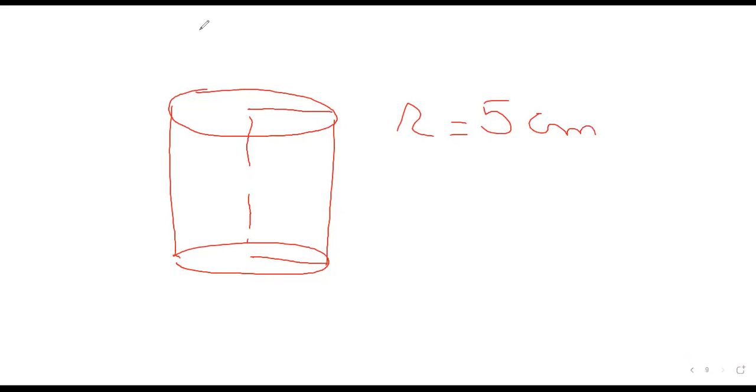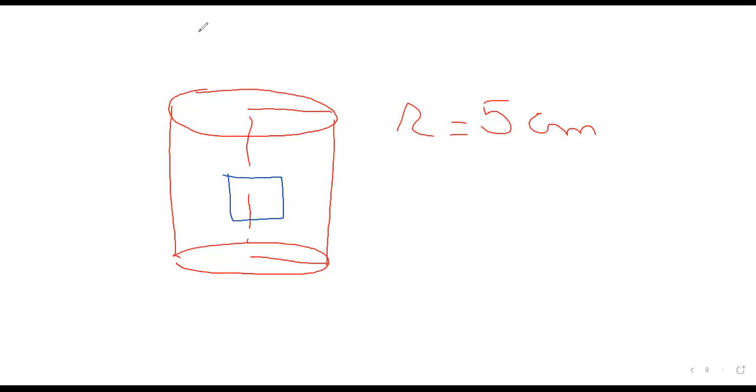It has a cube of ice with side 3. So inside there is a cube of ice. This is the cube. All the sides are equal.